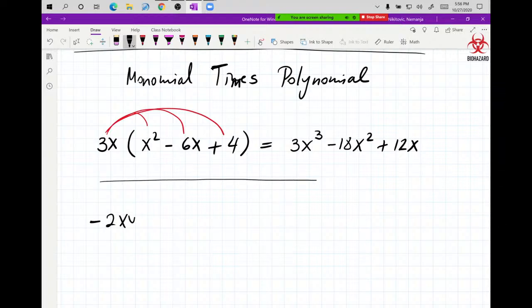Negative 2xy times x minus 9. Again, this is all one unit, one term, a monomial, and that needs to multiply into both. So I will give you some time to try, and then you can verify your answer when I do it.